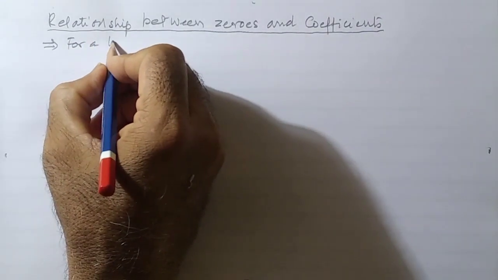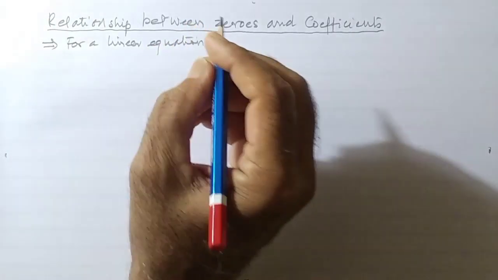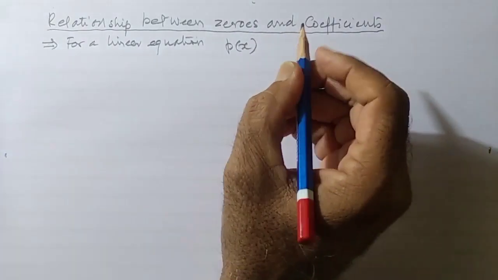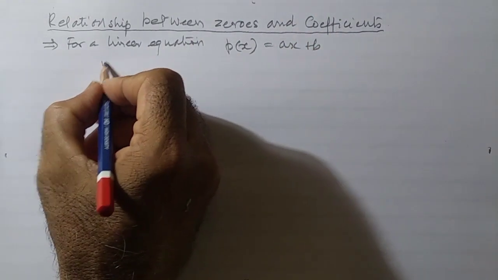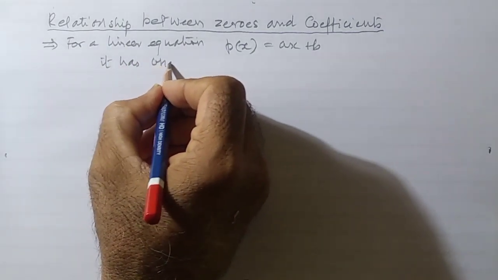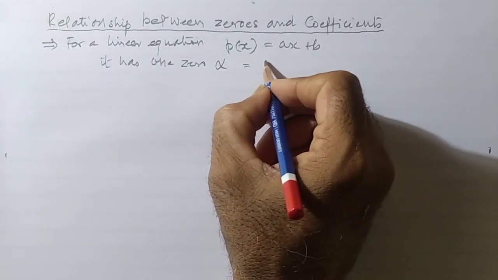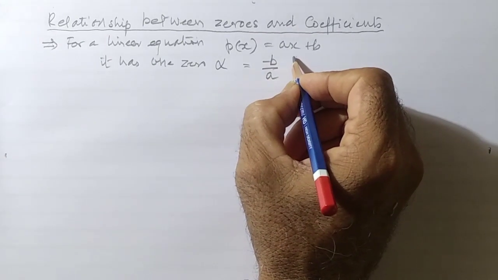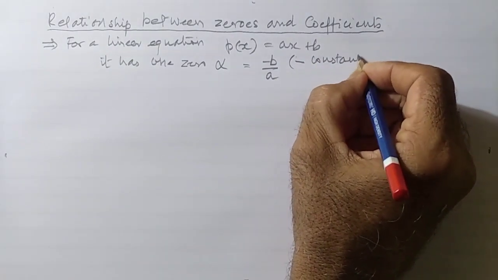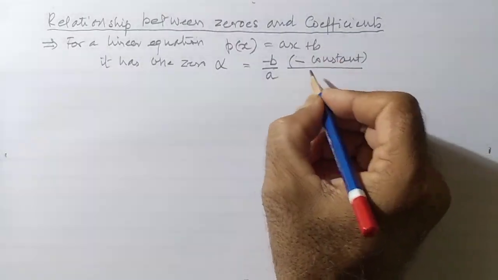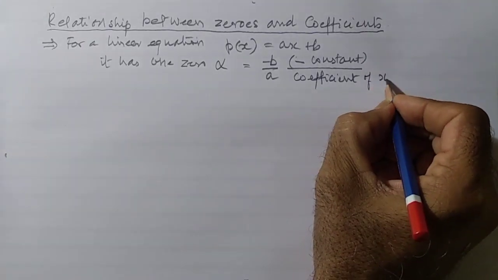For a linear equation, p of x is equal to ax plus b, it has one zero, which we call alpha, is equal to minus b upon a, which is the negative constant upon the coefficient of the variable x.